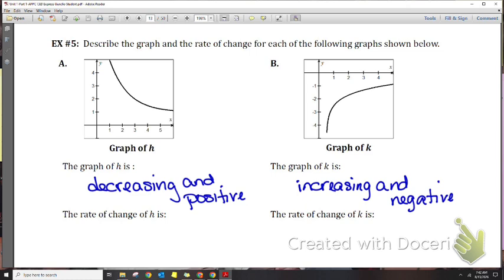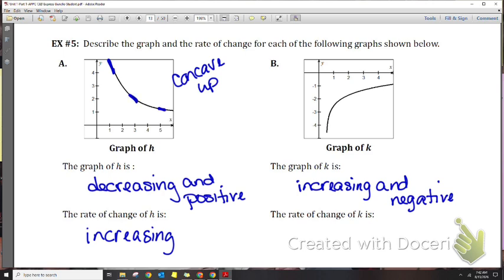All right, so if I look at the graph of H, I'll notice it's concave up because it looks like the side of a cup, all right? So remember, with concave up, our slope is increasing, okay? The rate of change will be increasing because I am more negative there than I'm negative here, okay?